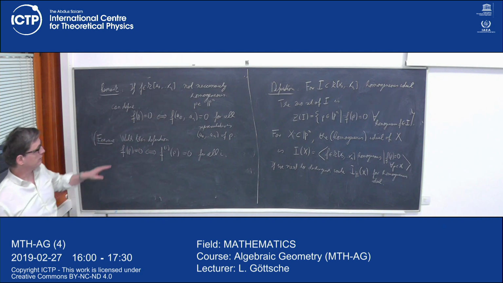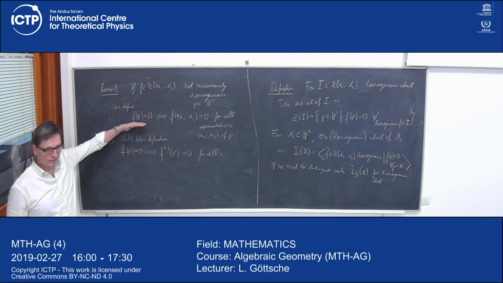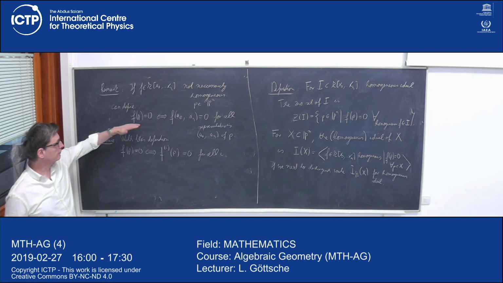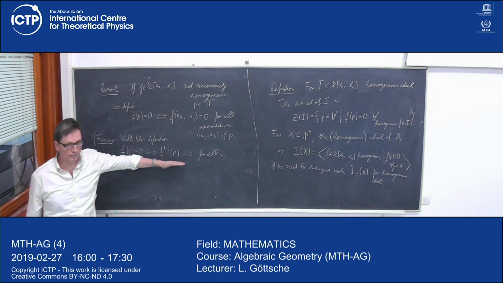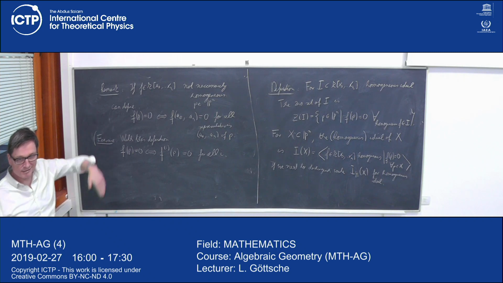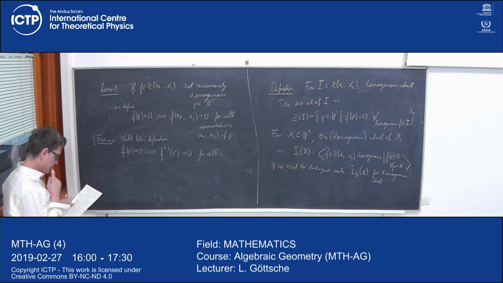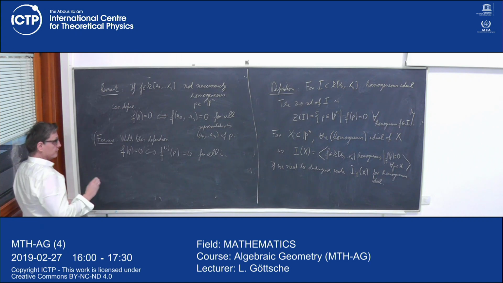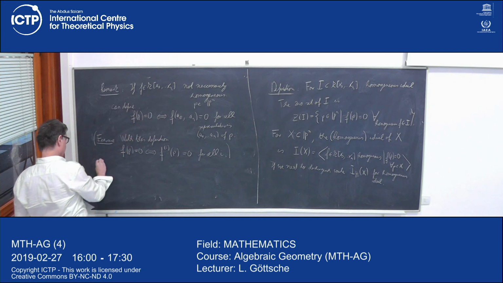So if I take the zero set of one polynomial which is not homogeneous, with this definition it is the same as the common zero set of all its homogeneous components. So we have reduced to this. And it's a bit unintuitive because writing down one equation gives you a large number of conditions.